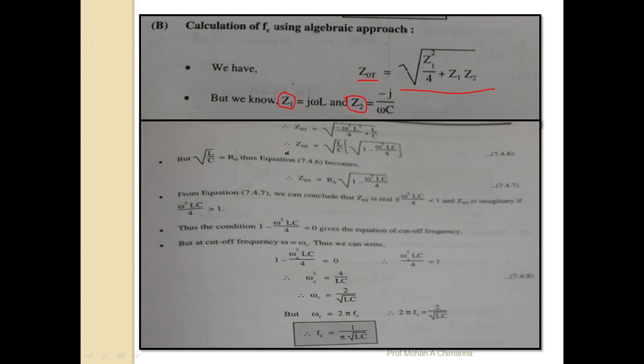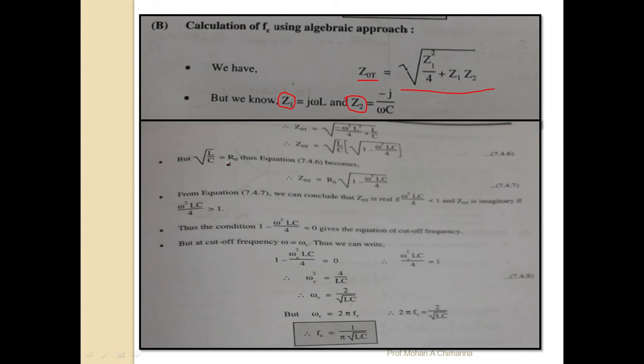So next, ZOT is equal to the square root of 1 upon C, where 1 upon C is taken as common, times the square root of 1 minus omega square LC upon 4.